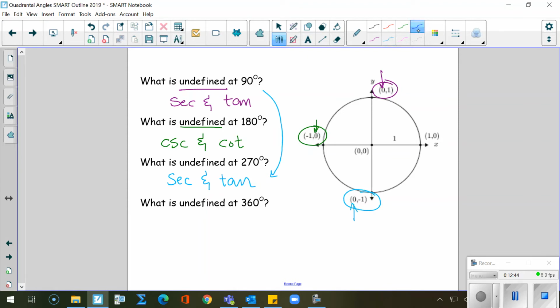Finally, at 360 or 0 degrees, sine has the value of 0. Anything with a sine in the denominator would be undefined. Same thing that happened at 180. Reciprocal of sine and cosine over sine are undefined on the x-axis.